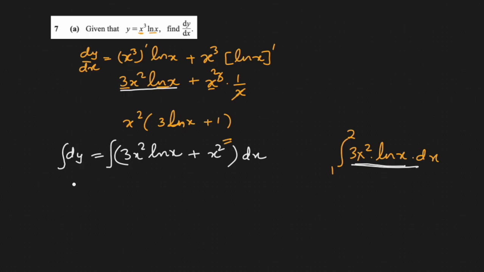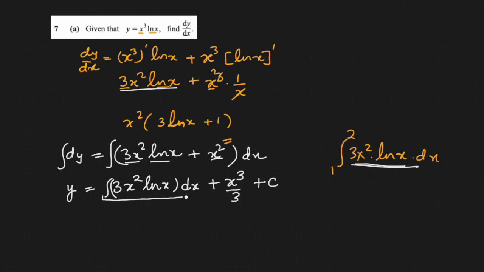So the integration of dy with respect to y will be just y. And the integration of 3x square natural log x is to be found out. So we'll write it as it is, 3x square natural log x dx. That's the question, right? But we know the integration of x square is x cube over 3, and plus c.